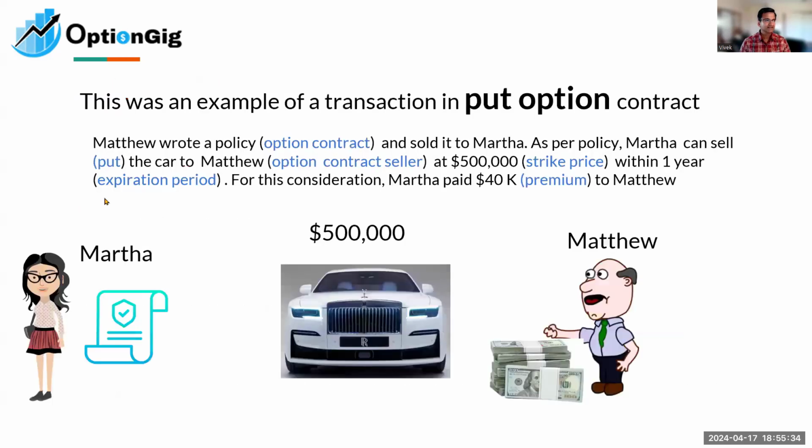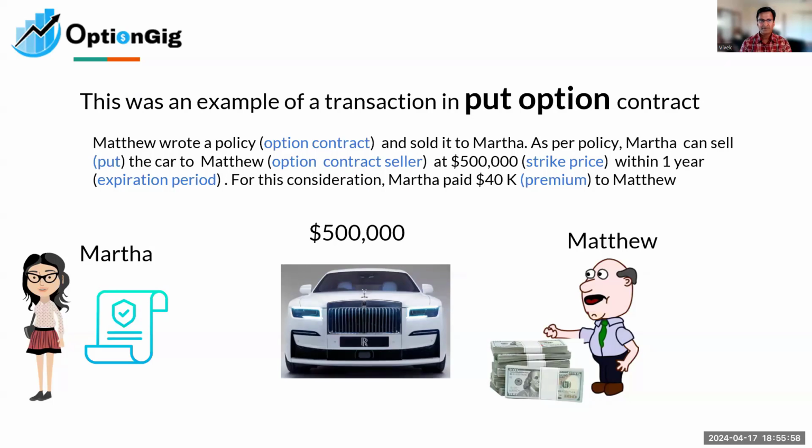So let's bring this contract home to our options side. The example that happened between Martha and Matthew is an example of a put option contract. Matthew wrote a contract or a policy, call it an option contract. He sold it to Martha.